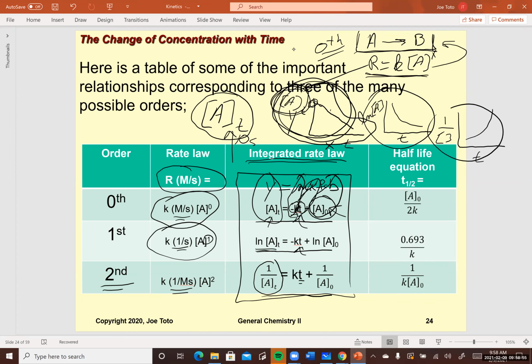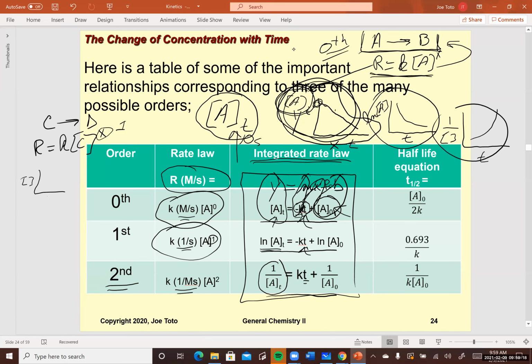Now, say I look at a different reaction. Let's say I look at C going to D. I know the form of the rate law is going to look like C to some power. And say now this power turns out to be 1, first order. And when I plot the concentration versus time, this guy is going to be curved.